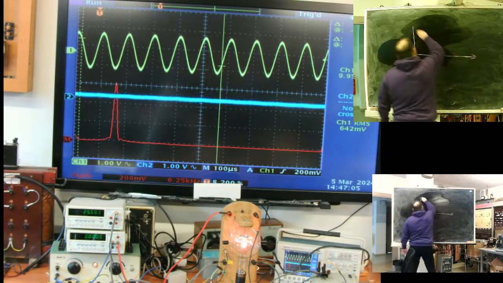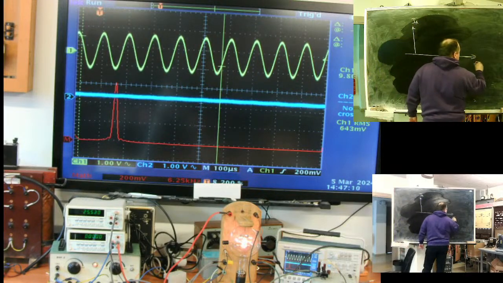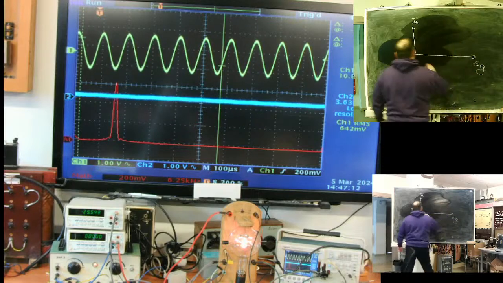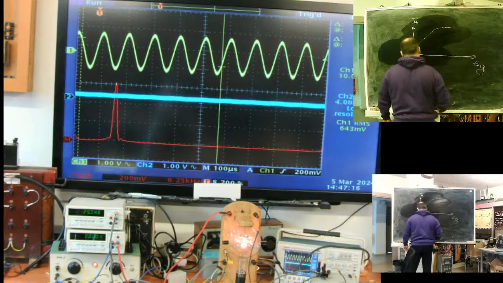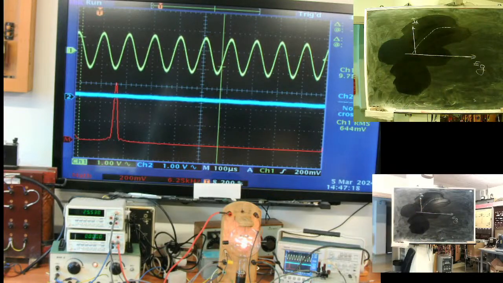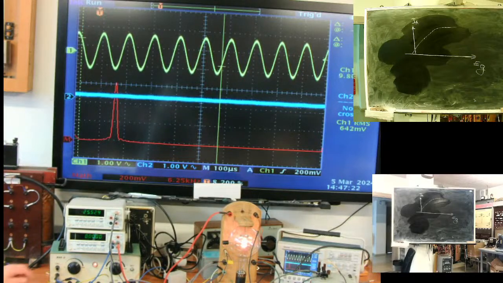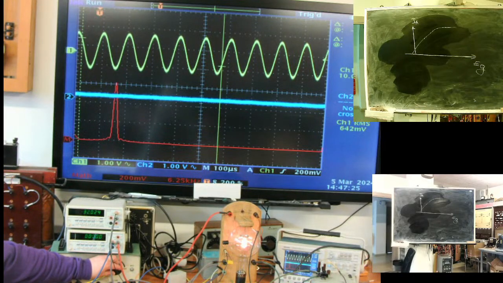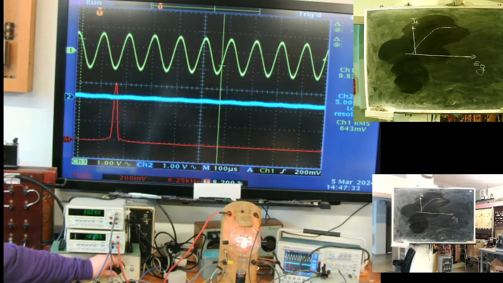Again, chart: anode current as a function of grill voltage. I'll try to change grill voltage in the opposite direction. Whoa.